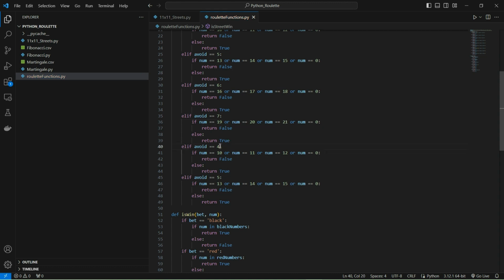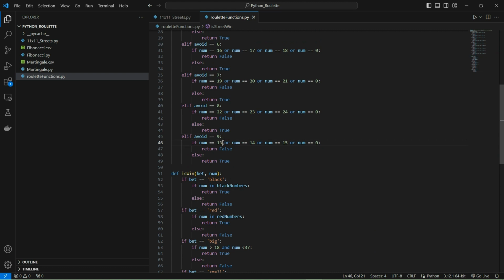If avoid street is 8, it is 22, 23 and 24. If avoid street is 9, it is 25, 26 and 27. And I need 3 more streets.